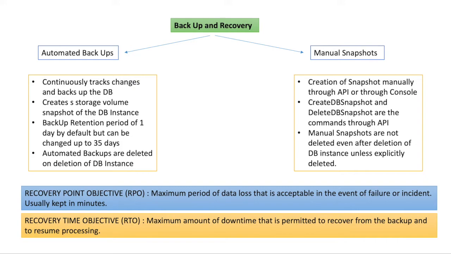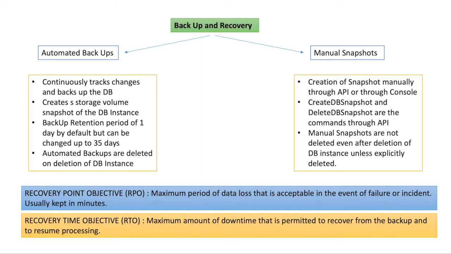How much data you can accept to be lost is what is defined through the recovery point objective. Usually you would not want to lose any data, or just minimal data. That's why this is usually kept in minutes, just 1 minute or 2 minutes.